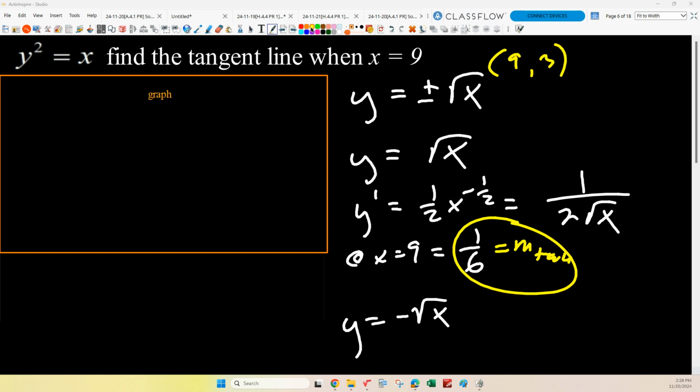Okay, so then we get the line what? y minus 3 equals 1/6 times the quantity x minus 9. Okay, if I distribute the 1/6 and add 3 to both sides, what's that give me? Figure that out. So 1/6 x, what? Minus 3/2 plus 3, so plus 3/2. Everybody agree?